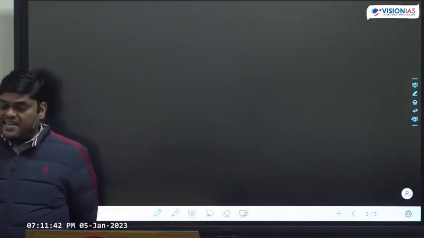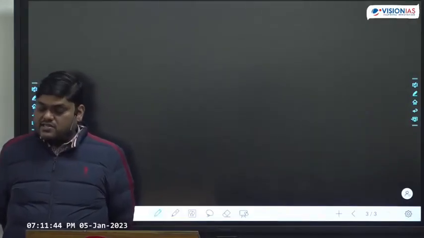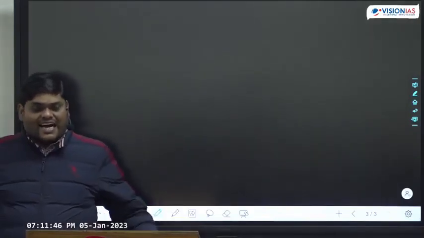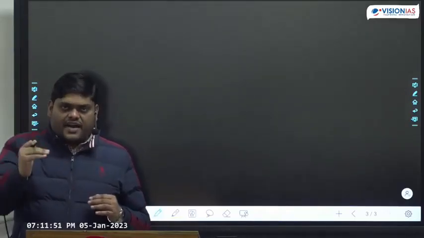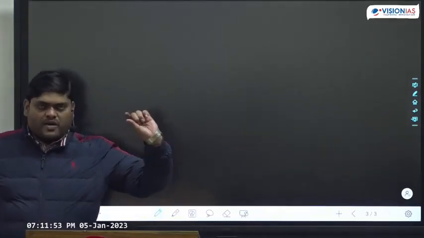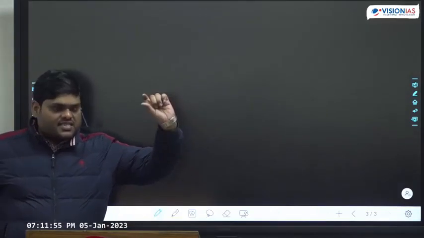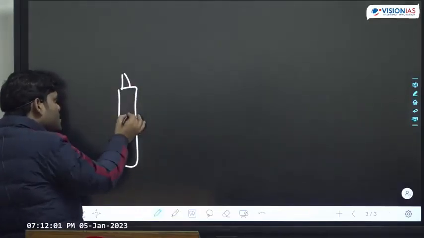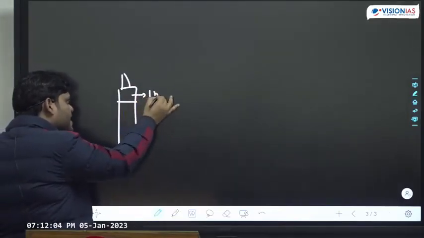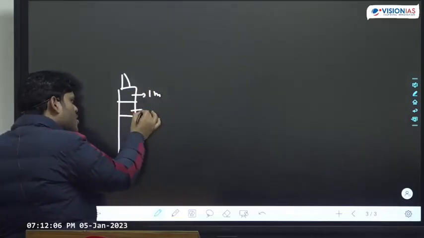Okay. If candles are burned at a constant rate, then how are their consuming times different? Candles burning at a constant rate means one candle burns at a constant rate. That means in the first hour it burns some amount, and in the second hour the same candle burns the same amount. Suppose if it burns 1 meter in the first hour, in the second hour it also burns 1 meter.